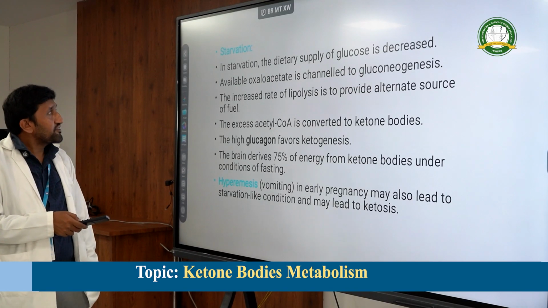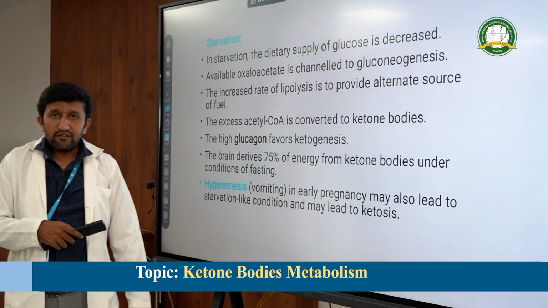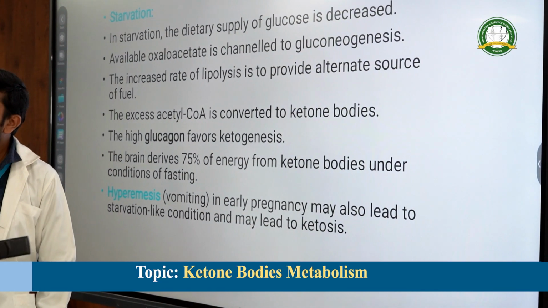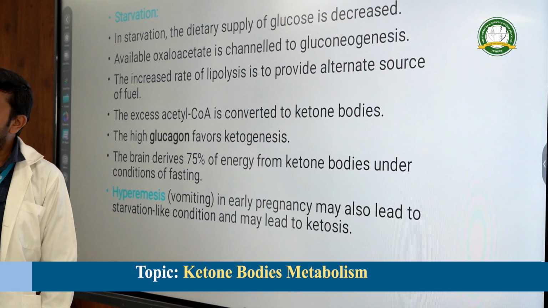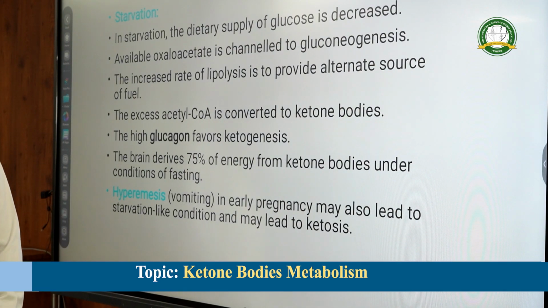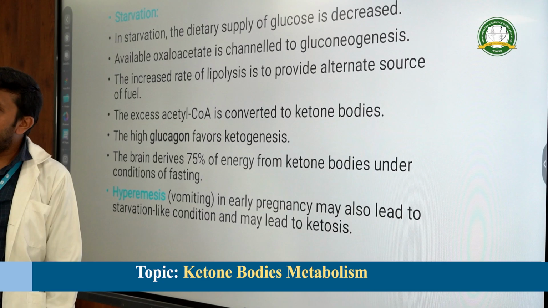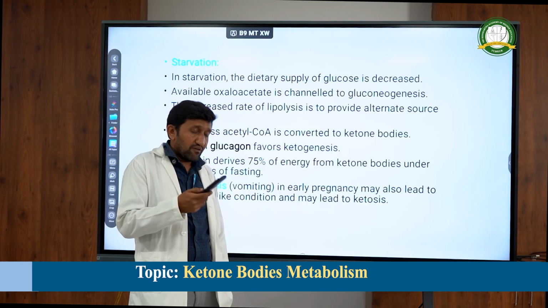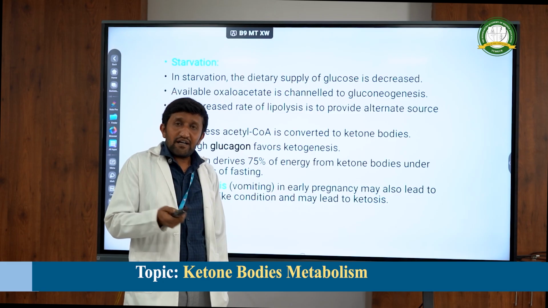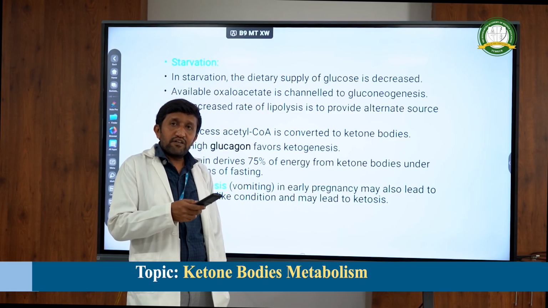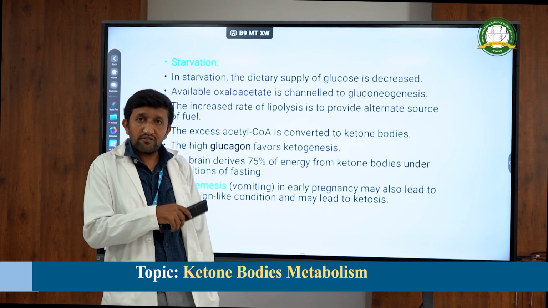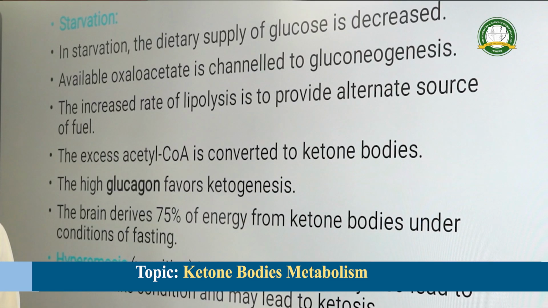Coming to the starvation condition, here also glucose will not be there, so the next source is lipid. Lipid will undergo beta oxidation and give acetyl-CoA. That acetyl-CoA should enter the TCA cycle, but here also it will not, because oxaloacetate is very busy in gluconeogenesis.